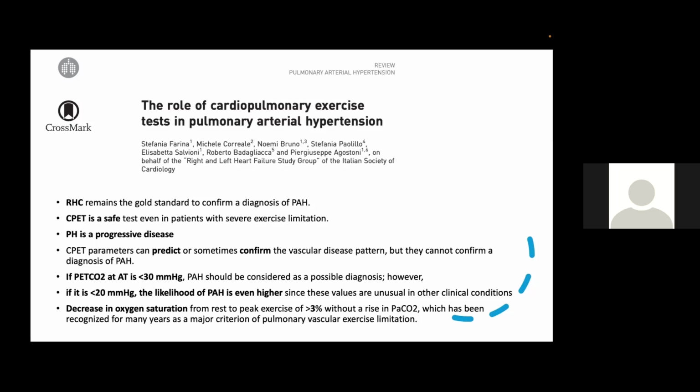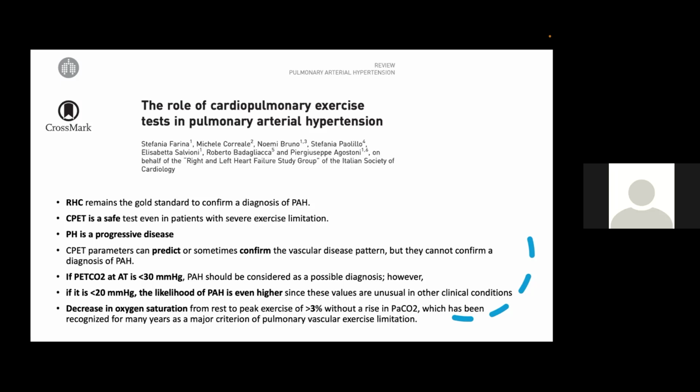As mentioned in this article, the CPET parameters can predict or sometimes support vascular disease, but they cannot confirm a diagnosis of pulmonary arterial hypertension accurately. So we need to confirm it by right heart cath, but CPET can give us very important information suggesting the patient very likely has pulmonary arterial hypertension, especially the slope, if it is very high, a steeper ventilation to VCO2.